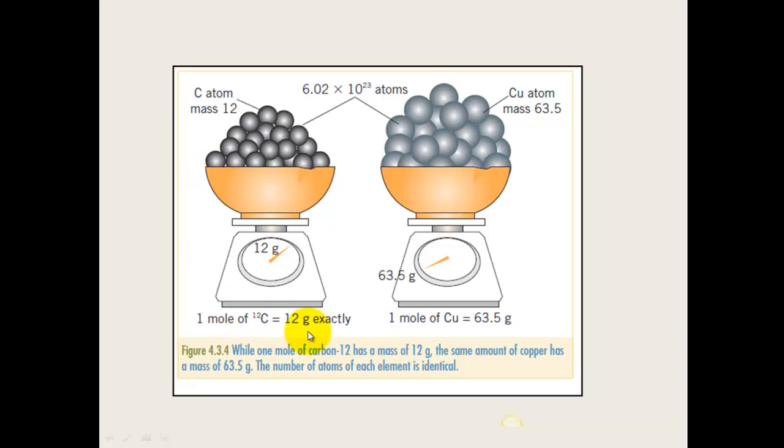Remember, this is what the whole relative atomic mass is based on, carbon-12 having a mass of 12 grams. 1 mole of copper has a mass of 63.5 grams. So the molar mass of carbon is 12 grams per mole. The molar mass of copper is 63.5 grams per mole.